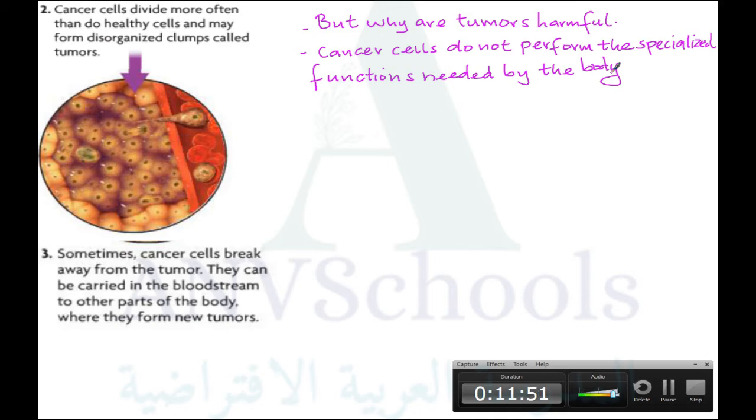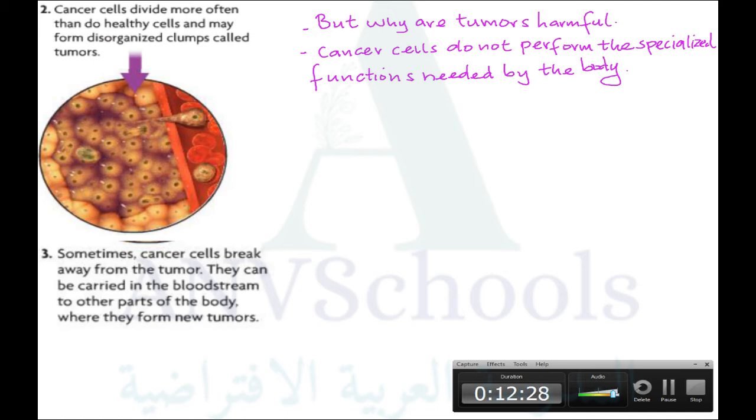Therefore, the body has large clumps of rapidly dividing cells that require lots of food and blood supply, but contribute nothing to the body's function. The only thing they do is consume the nutrients that the body has.